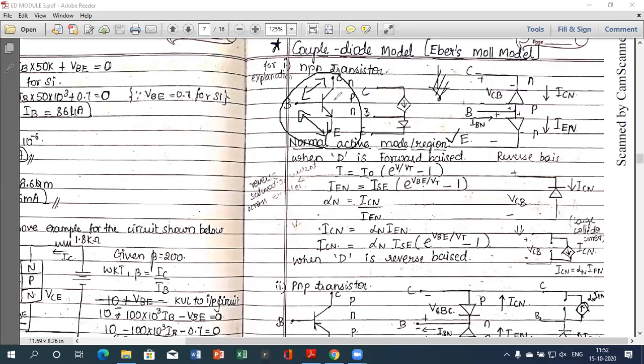The same thing has been represented here. This diode operates in forward biased, hence it is connected between the base and emitter. And this diode operates in reverse biased, hence it is represented between collector and base.